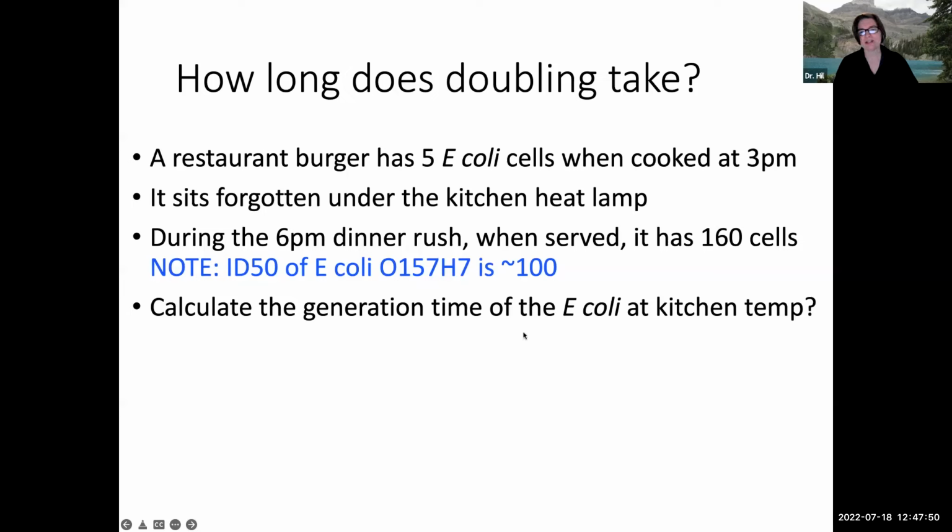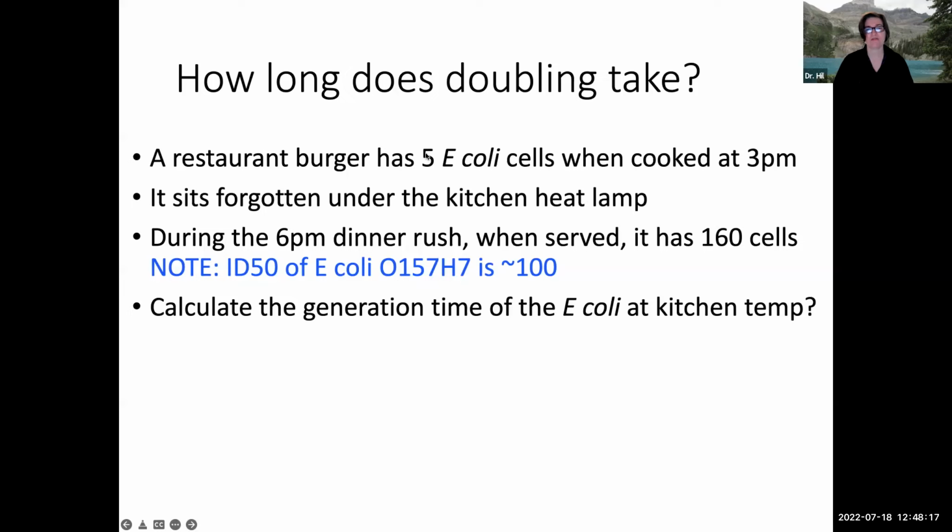So let's calculate the generation time. How do we do this? We need to use our equation. So we know that we start with 5 cells and we end up with 160. How many divisions did it take to get here? Well, we could do it really simply on the back of a napkin. Or you could use the equation.